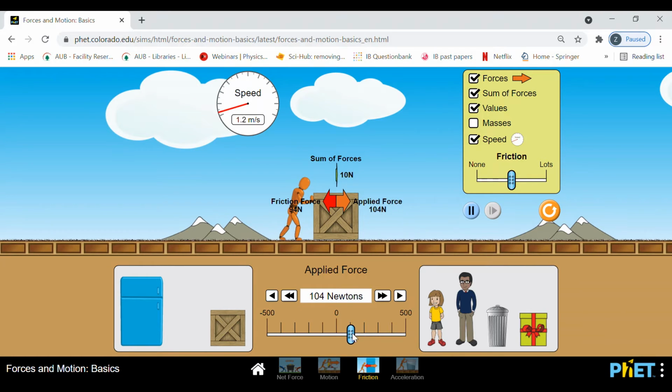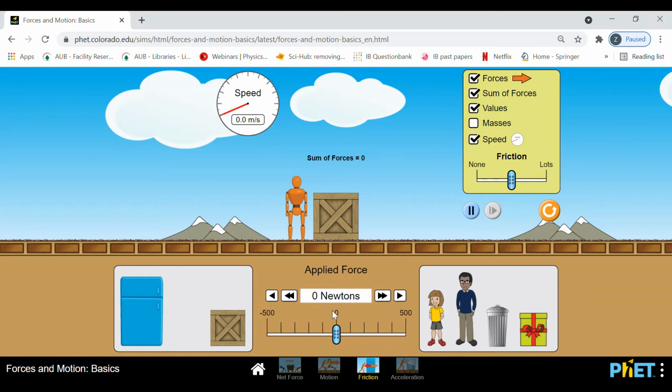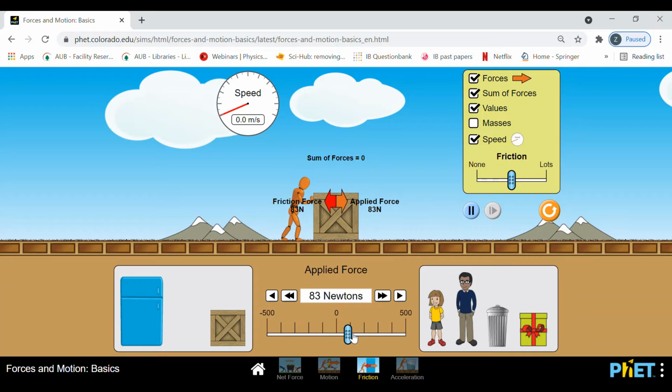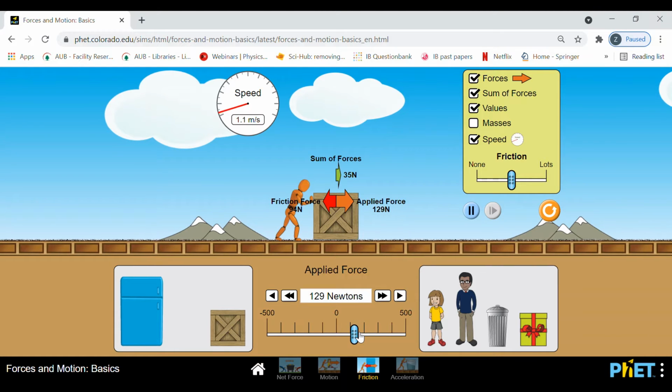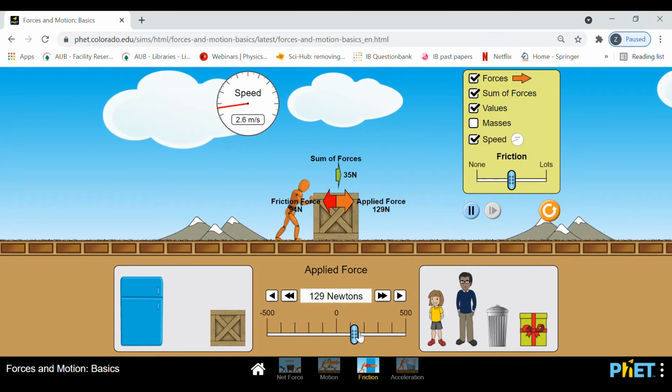So around 120, we will start the motion. But an important thing for you to notice is that the friction, which was 100 something, once the motion starts, will drop immediately to 94, as you can see here.